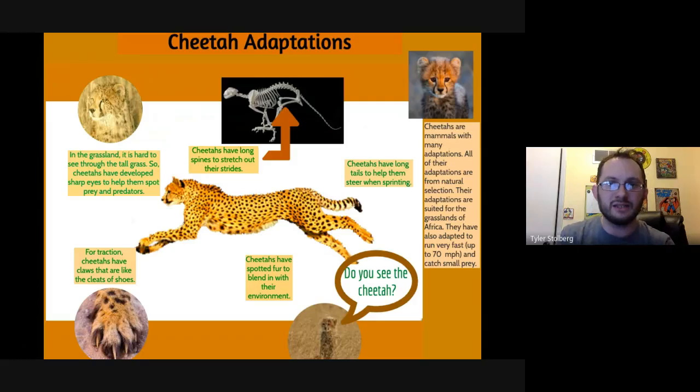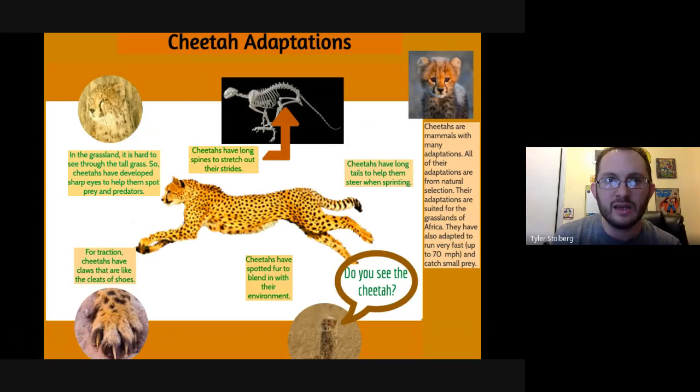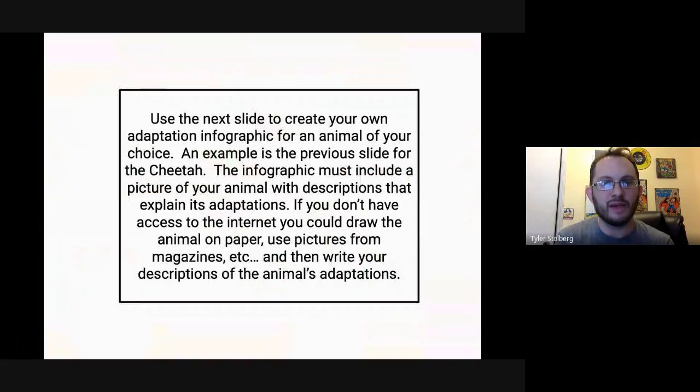So your task, on the next slide, is to create your own infographic, something that's visually appealing, has colors and boxes and pictures and information about one animal, and you're going to tell the adaptations that animal has. So you might have to do a little bit of research on what kind of adaptations the animal has, unless you've got an animal that you're really an expert on because you've already done some research in the past.